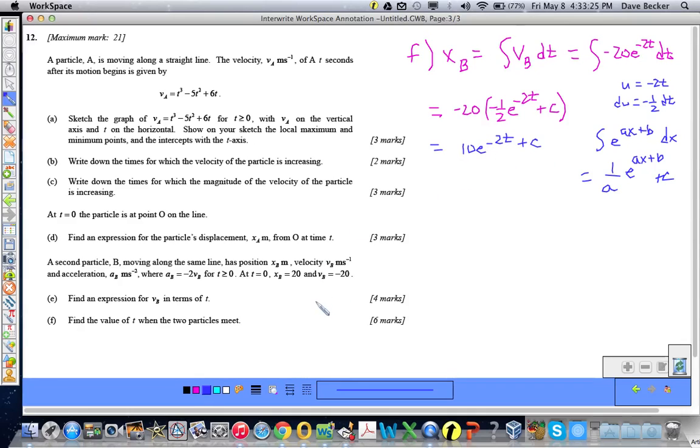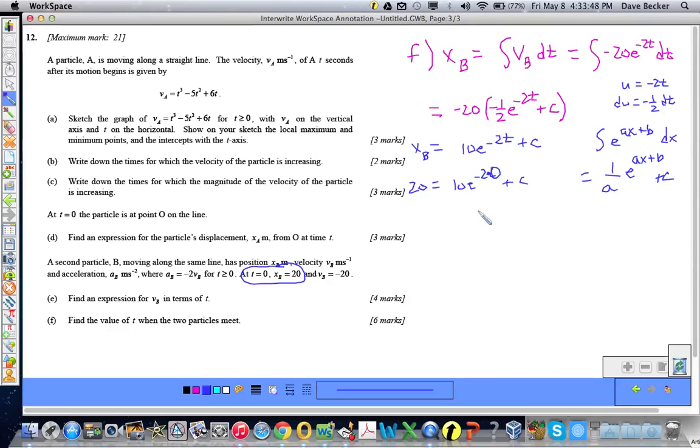And now what are we going to use? We're going to use that at t equals 0, x of b equals 20. So I know that 20 is equal to 10e to the negative 2 times 0, when t is equal to 0, plus c.